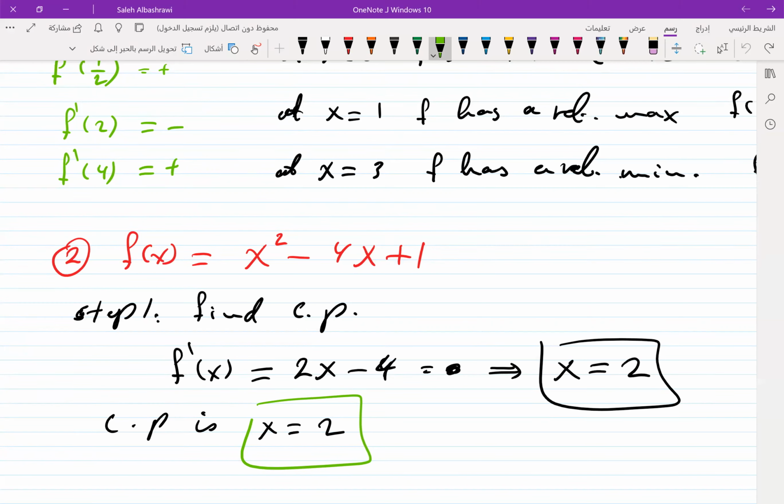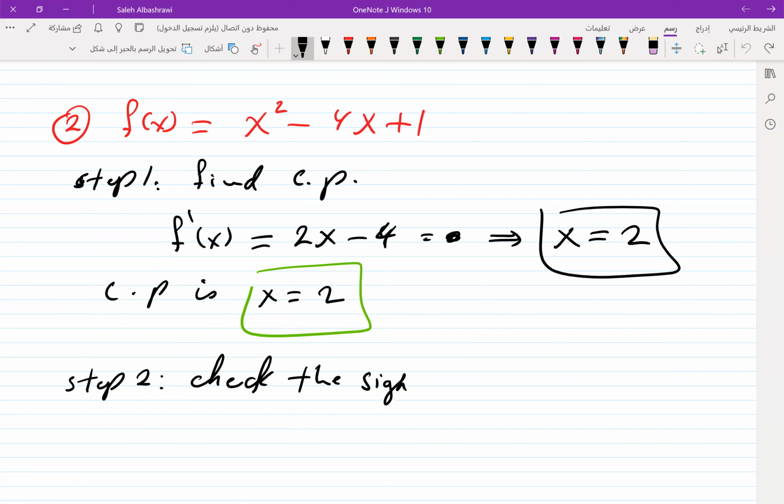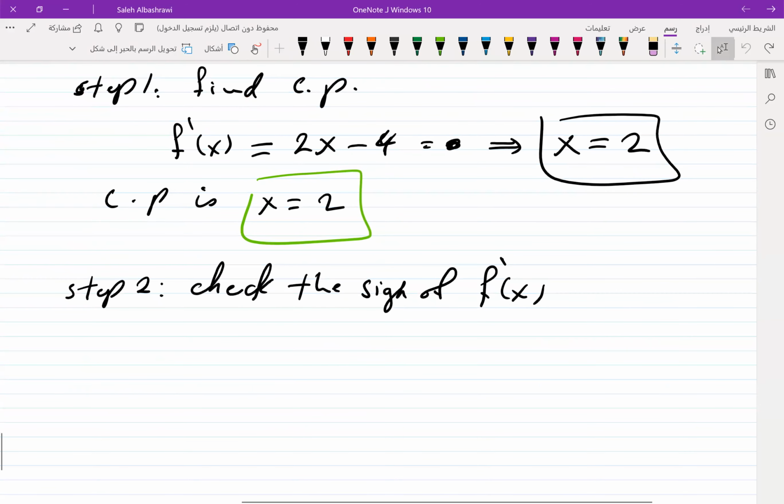Now, step number 2, check the sign of the derivative. I have only one critical point in this case.